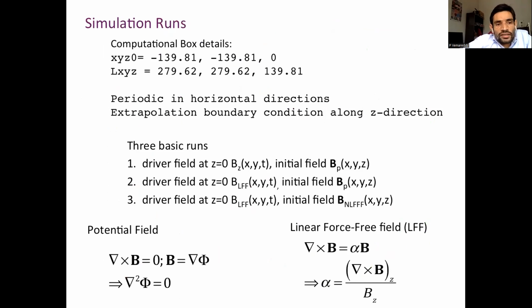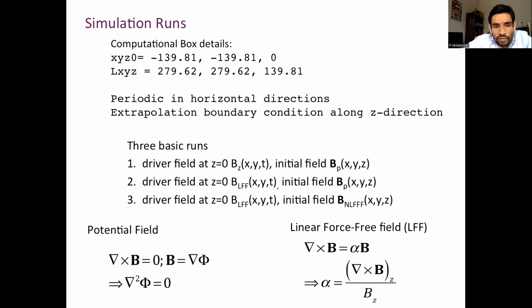In the simulation runs, the computational box is based on actual solar observations, and it spans up to 279 megameters, from minus 139 to plus 139, so the extents of the box dimensions are 279 megameters.